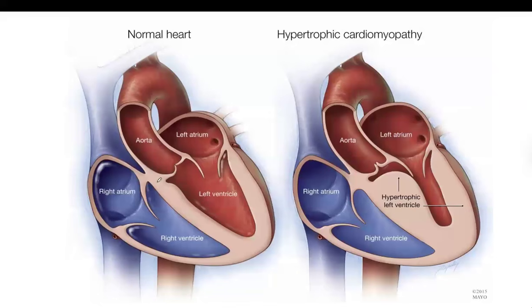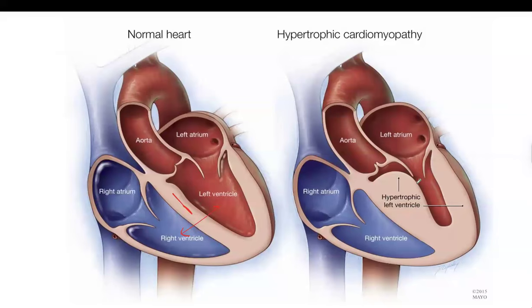Have a look. This is the interventricular septum, which separates these two ventricles, right? And have a look at the hypertrophied left ventricle. See how much it is thickened. Especially all the muscle in the left ventricle, including the septum, will become hypertrophied.